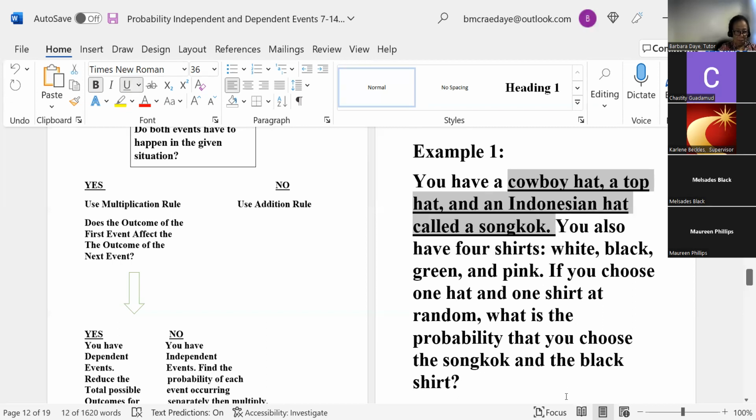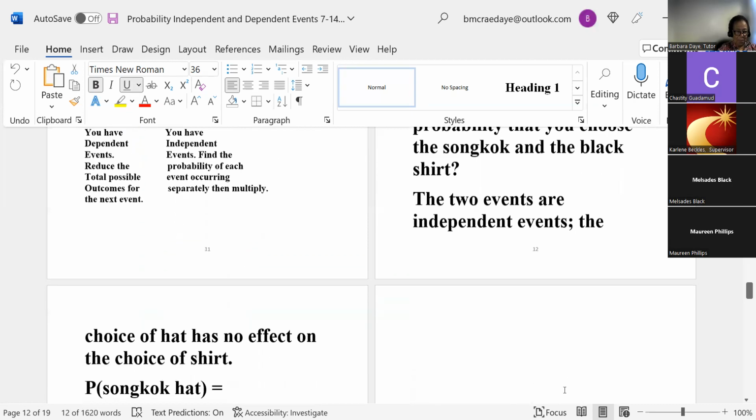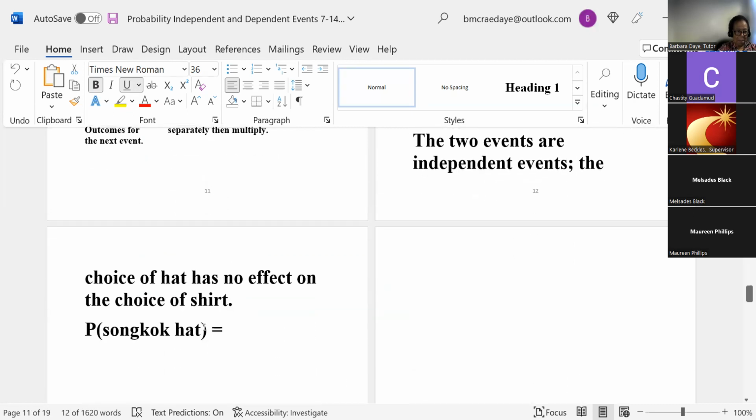So the probability of getting a sangkak hat, possible over total. So what would that be? No, there's only one sangkak hat. 1 over 3. That's it. Got it? There's only one Indonesian hat.